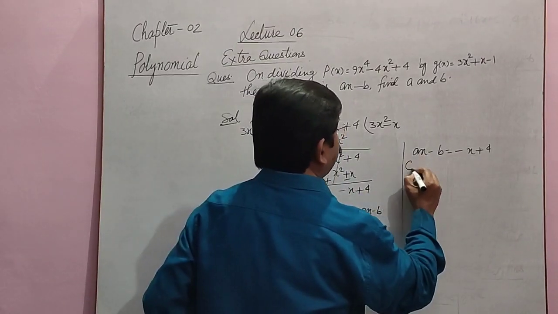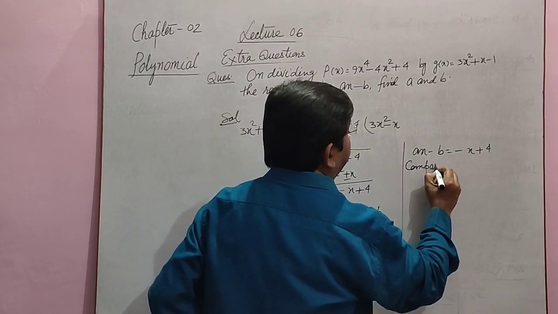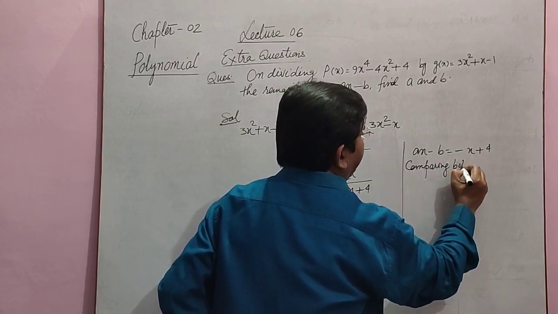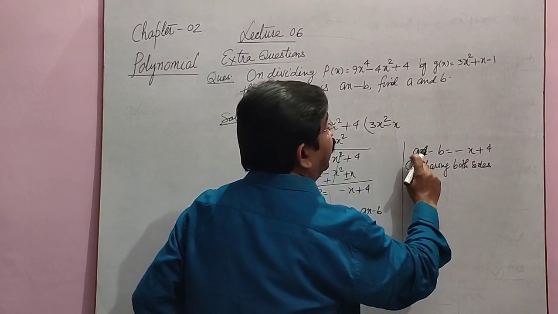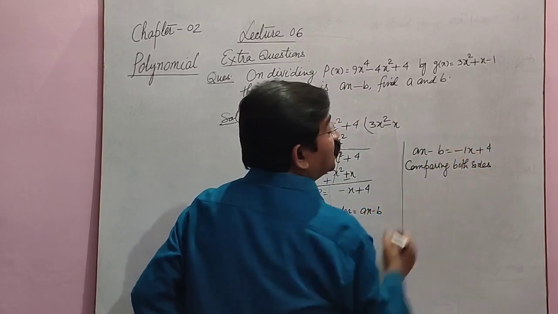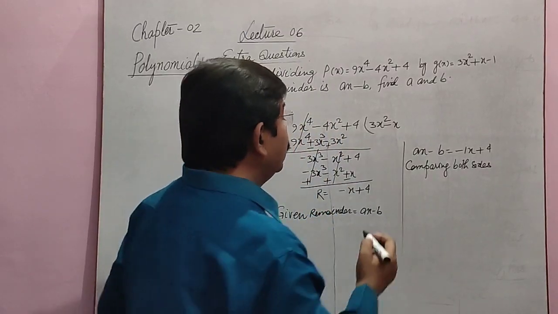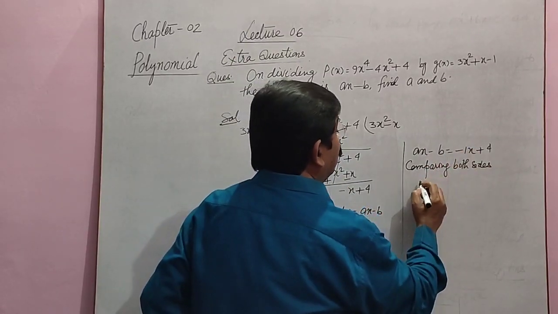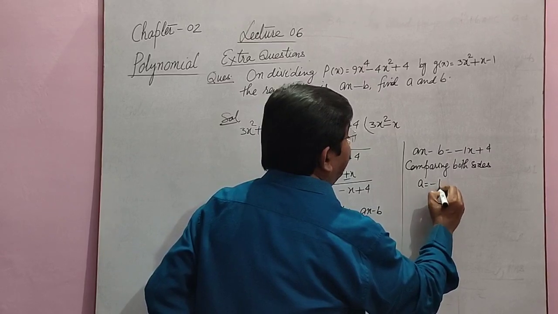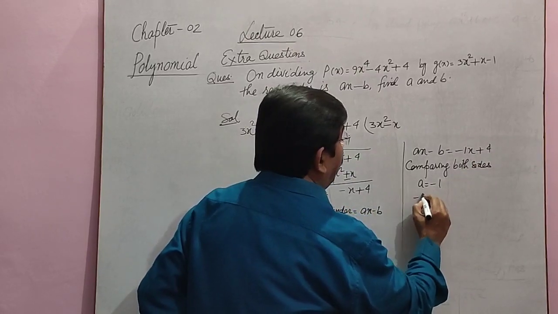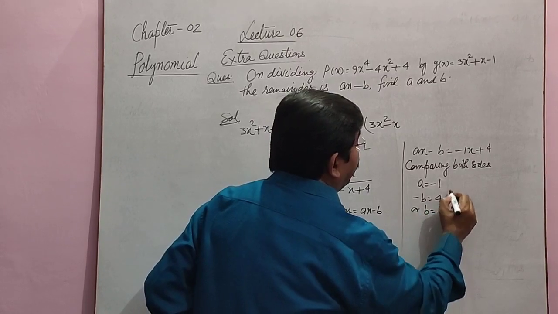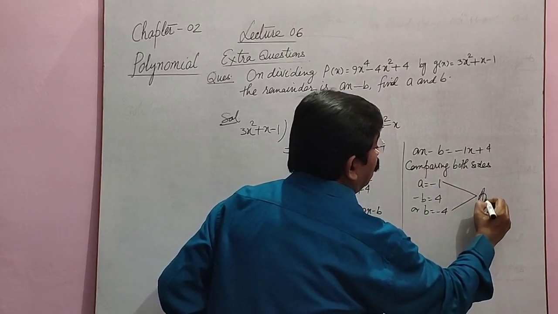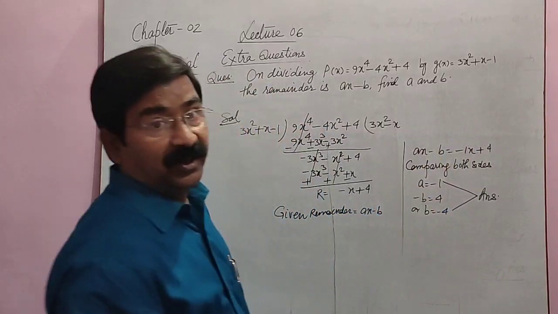Comparing both sides, a is equal to what is this? Minus 1. 1 is not written, so it is considered as minus 1. So a is equal to minus 1 and minus b is equal to 4, or b is equal to minus 4. So these are your required answer.